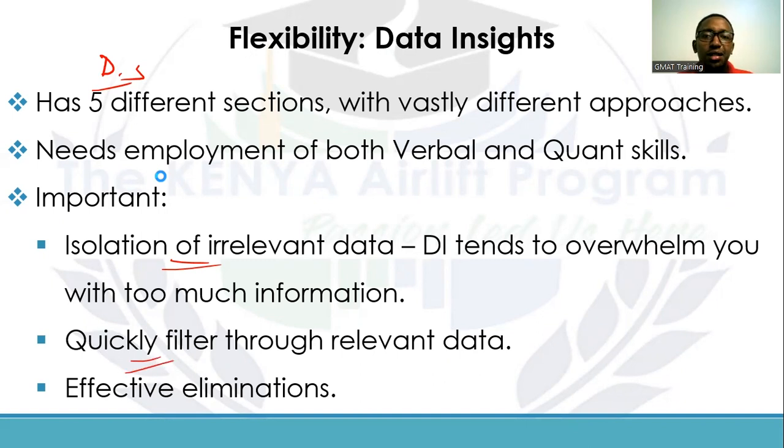You may find that you have, say, two tabs in multi-source reasoning, that you need to combine the information from these two tabs to find an answer to just one question. So you have to know, where is this data and how can I filter through this data quickly to get the answer that I want.